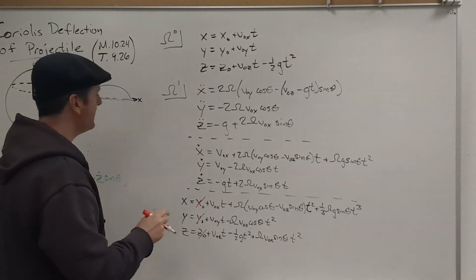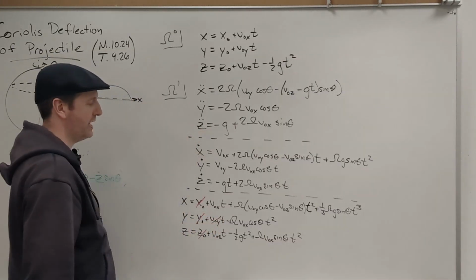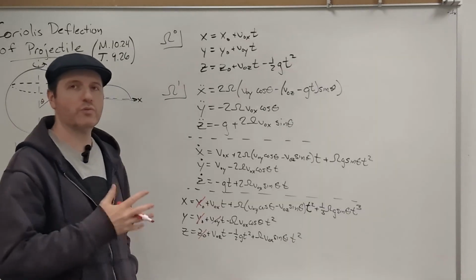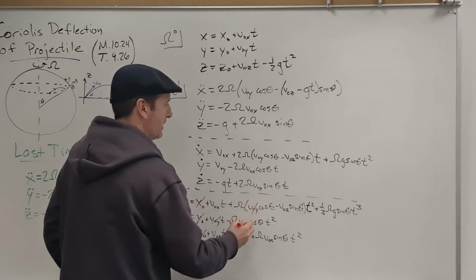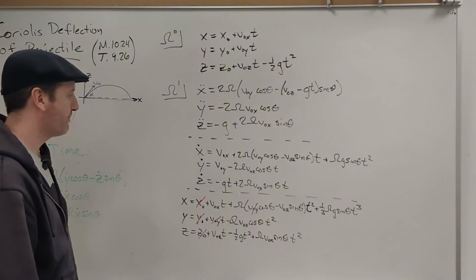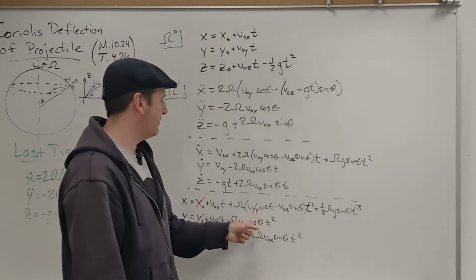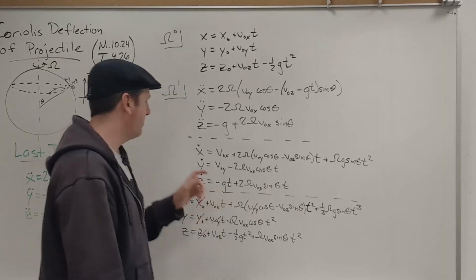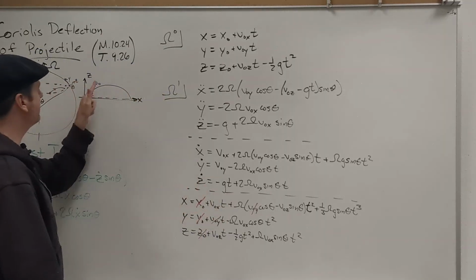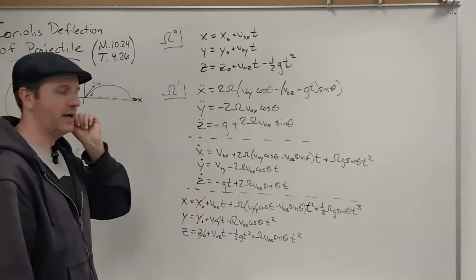And since I'm launching it to the east, v naught y is actually 0. I'm not launching it with a northward or southward component. So here and here, those go away. And then all I'm left with are v naught x's and v naught z's. But of course, those are going to be written in terms of v naught and sines and cosines of alpha.